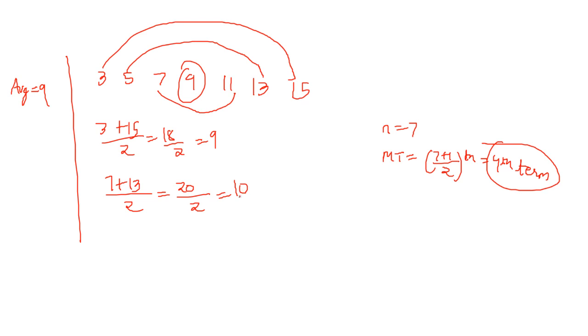Sorry, did I make a mistake? It's 5 plus 13. It is also 9. And the third and third last term is also 9. If there were more terms, the 4th and 4th last would be 9, the 5th and 5th last would be 9. So it will always be like that. Now this concept is clear.